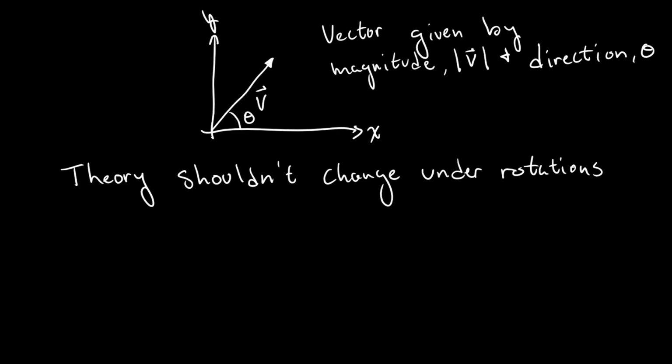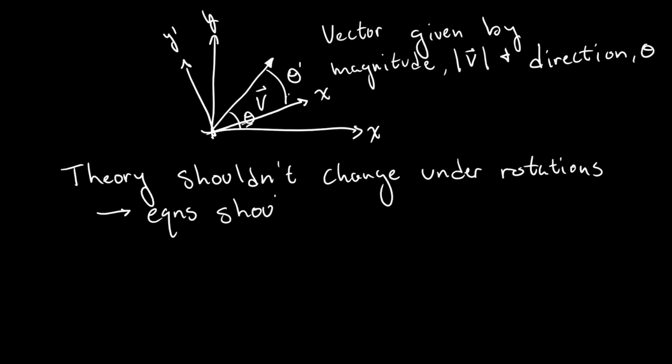Then I know that I can't have a theory which actually depends on theta, because if the theory depends on the direction that this vector points, when I change my axes, so I switch to some y prime and x prime, this theta here, so I'll call this theta prime, is going to be different, but the length is still going to be the same. So I know that the equations should only depend on the magnitude.